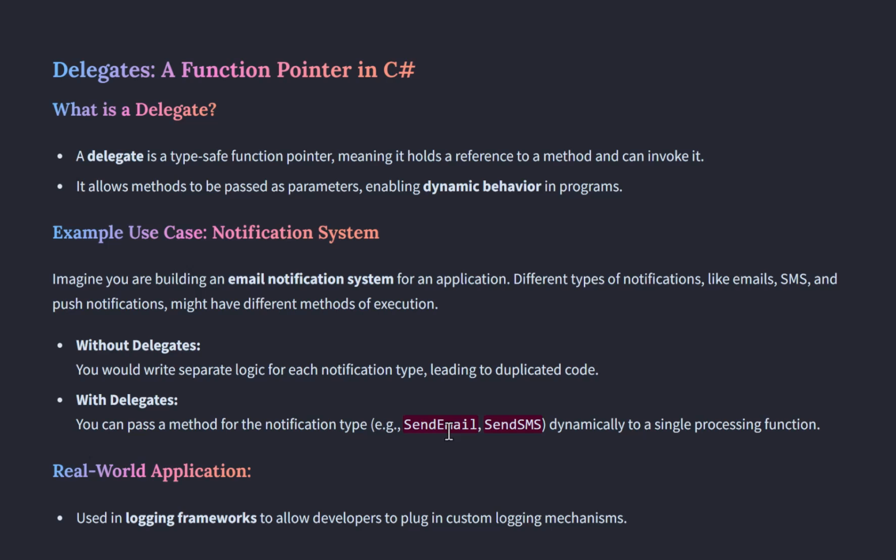First, I would like to give you an overview of a simple notification system without using a delegate. In this case, every notification method must be explicitly called, and that example is going to have a tightly coupled design. Let's switch to Visual Studio and have a look from there.